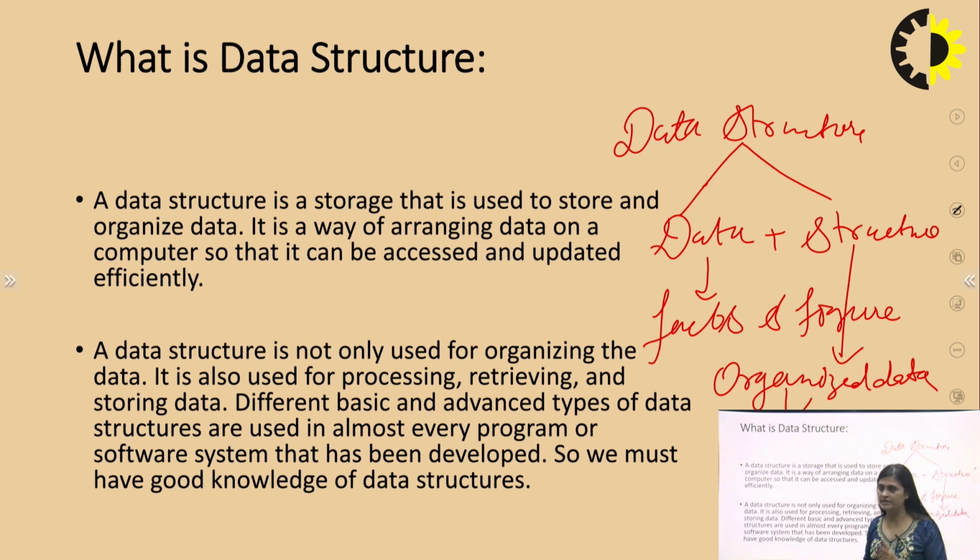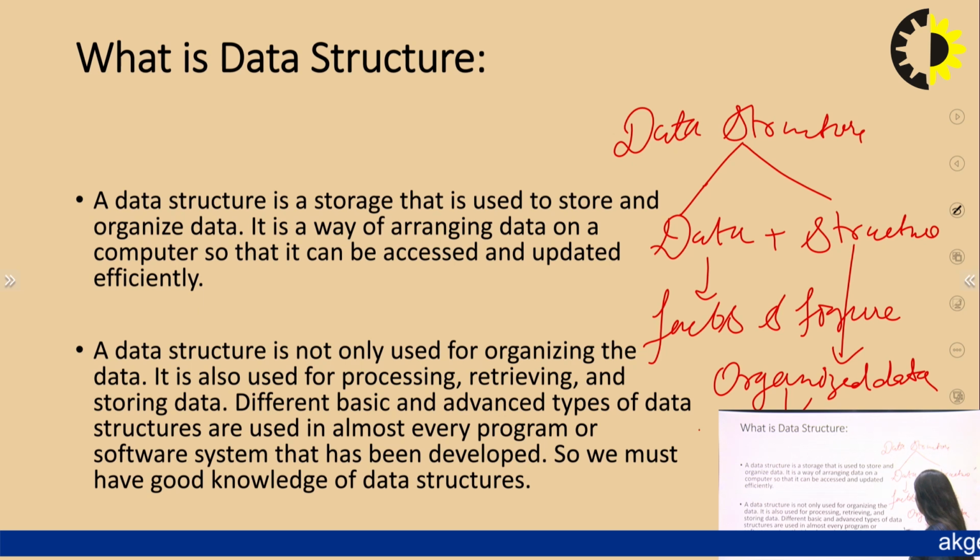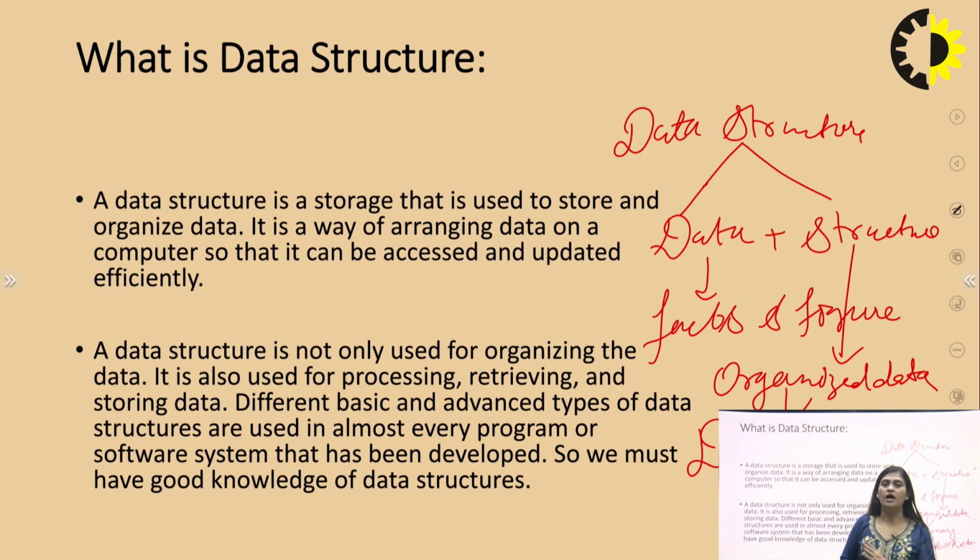Examples of organized data are a dictionary, your phone book, etc. In your phone book or dictionary, all the words and all the contact names are organized in ascending, descending or alphabetical order.